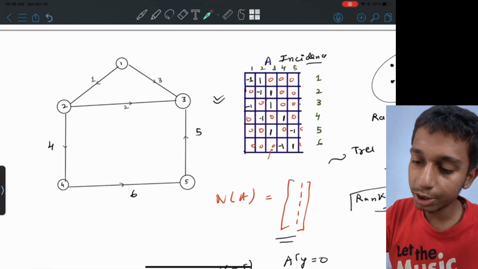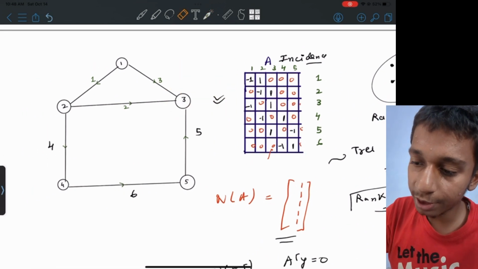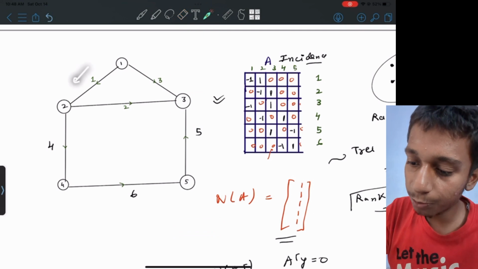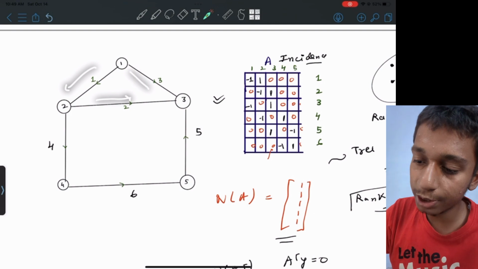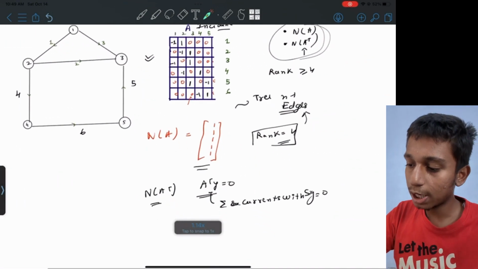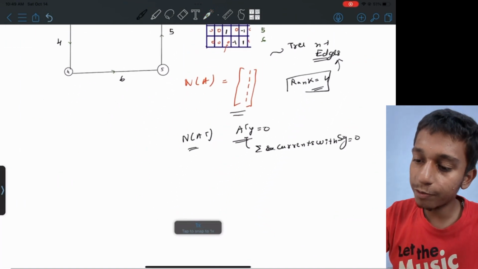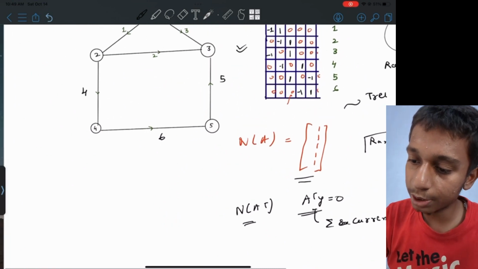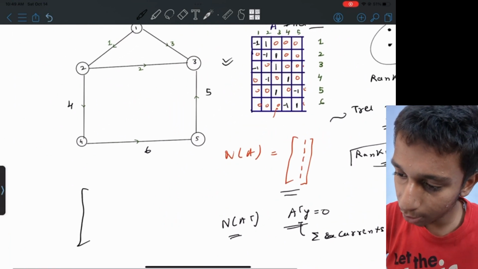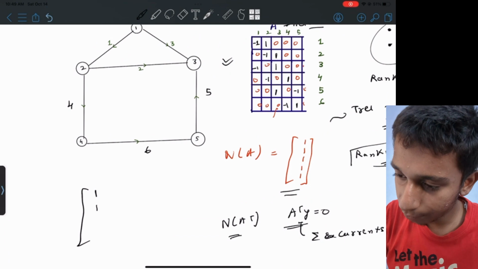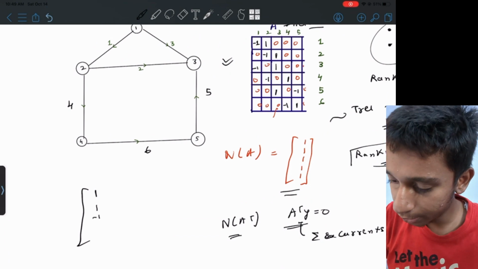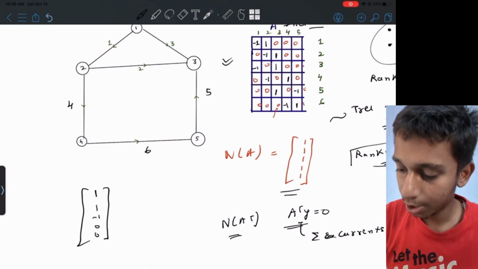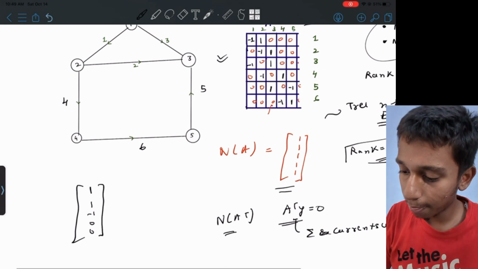Again we follow the same methodology: if we assume a certain current moving here and we try to maintain it over a loop, so over here and over here, that would be one of the solutions in the solution set. So 1 for the first and second edges, minus 1 for the third edge. This would be one solution.